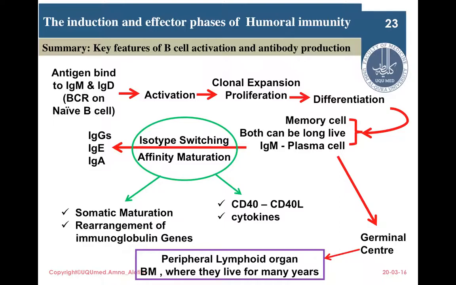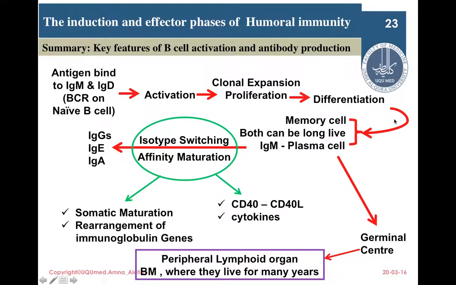As a whole, now if we have to summarize all the features of the humoral immunity, we can see that the antigen binds to IgM and IgD in the form of B cell receptor on naive B cell, and the B cells are activated. They have clonal expansion and proliferation.